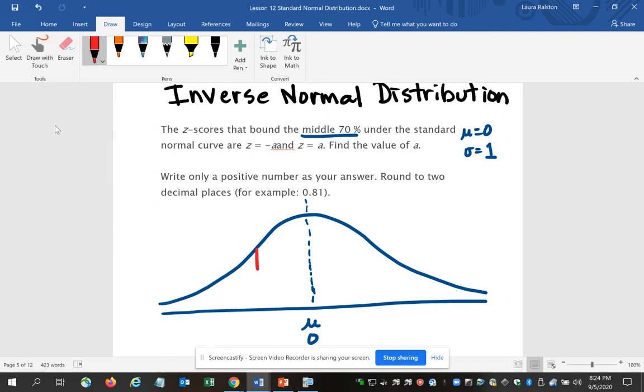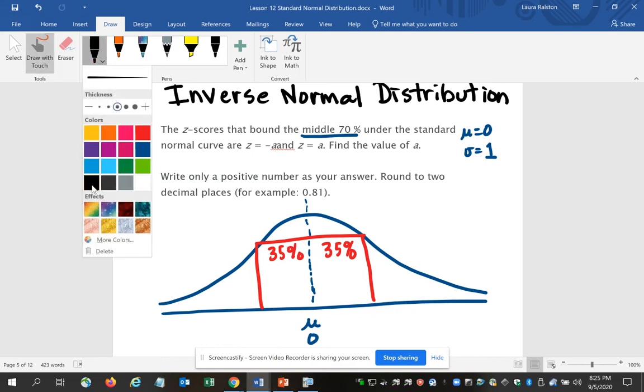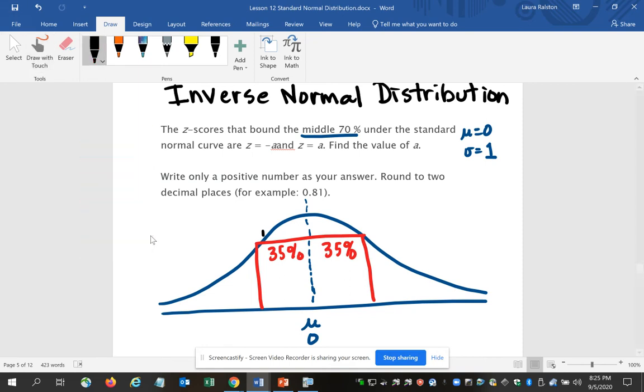So I'm going to have 35% below the mean and 35% above the mean, which gives me a total that corresponds to the middle 70%.